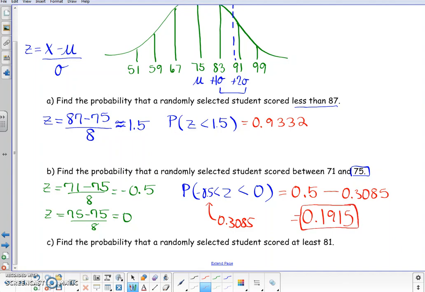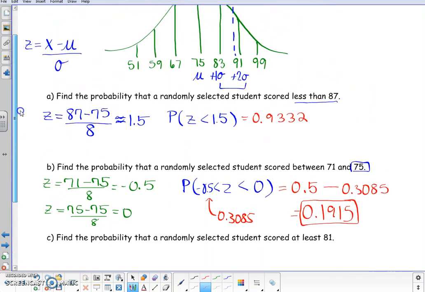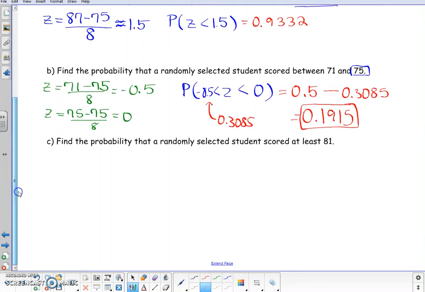And lastly, find the probability that a randomly selected student scored at least 81. Let's check our table. 81's not on there, so we've got to find the z-score. Okay? So z equals 81 minus 75 over 8. So z is 0.75.